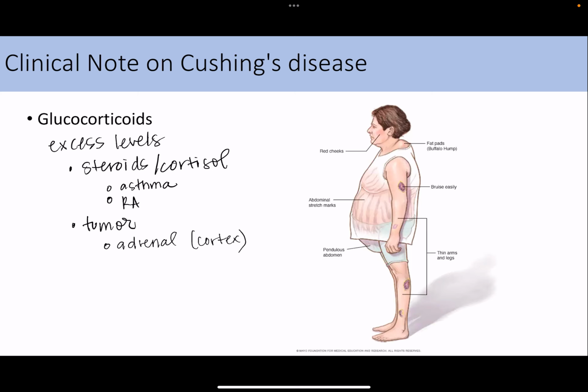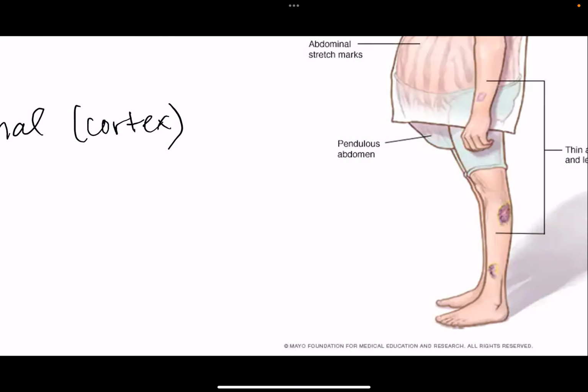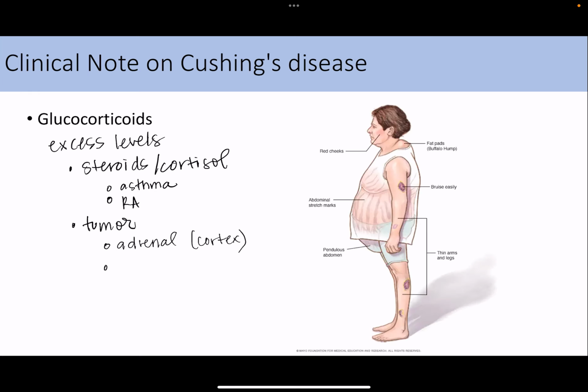So if you have a secreting tumor on the adrenal cortex, it can cause excess levels of cortisol. Also, if you have a pituitary tumor as well, because ACTH, which stands for adrenocorticotropic hormone, is going to cause the release of cortisol from the adrenal cortex. So if you have a tumor that releases too much ACTH, then you're going to have too much cortisol release as well.